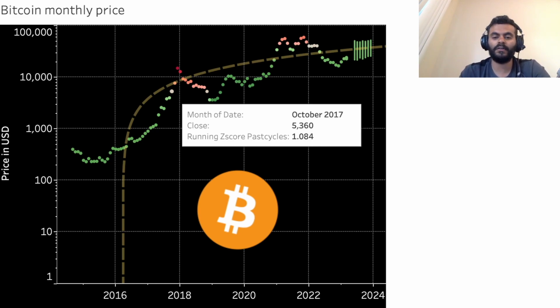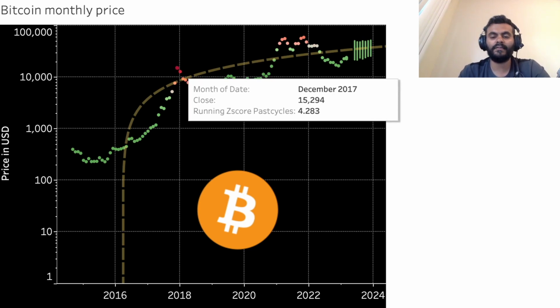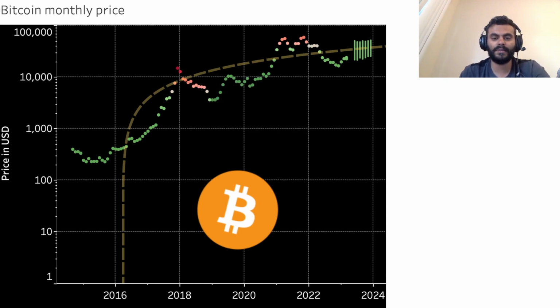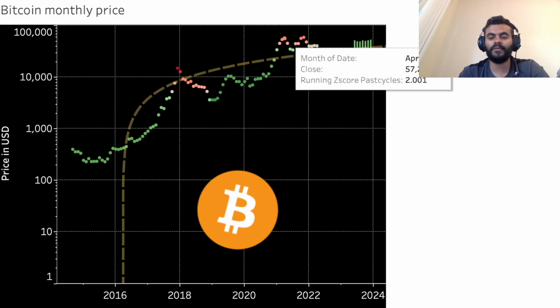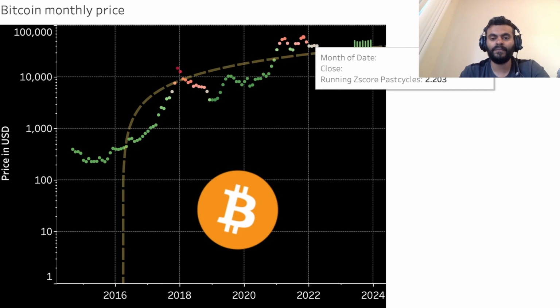For example, in October of 2017, when the close price was around 5,300 USD, the z-score was 1, whereas in December of 2017 at 15,000, the z-score was 4.2, and the color code was deep red. Coming to the last cycle, in April of 2021, when the close was around 57,000 USD, the z-score was 2 and the color was a light red. And in November of 2021, again with 60,000 being the close price, the running z-score was 2.2.